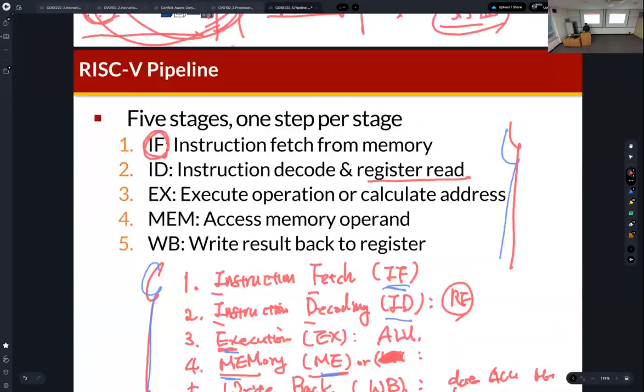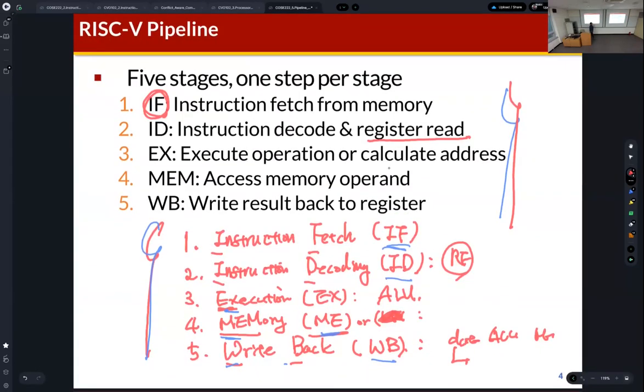In the pipeline architecture, we divide the pipeline into 5 stages. These are the required steps for executing instructions, but we split them, and for each clock, each stage is performed.